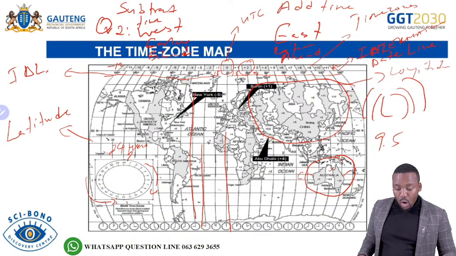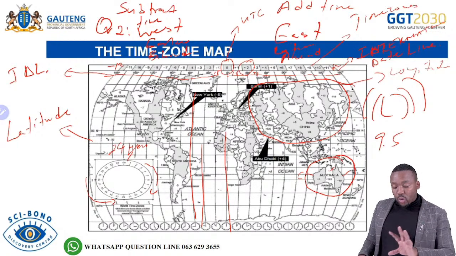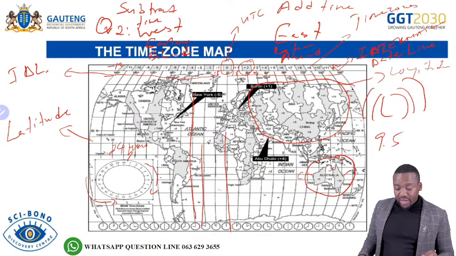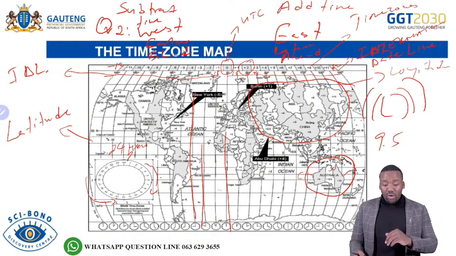You need to know where Johannesburg is. You need to know where Canada is. You need to know all those countries and so on. So it is very important that you also go back to your grade 10, if not 8 and 9 social sciences or tourism grade 10, whereby we're trying to map or to identify our 7 what? Continents. Right. This is just an interpretation of our time zone.